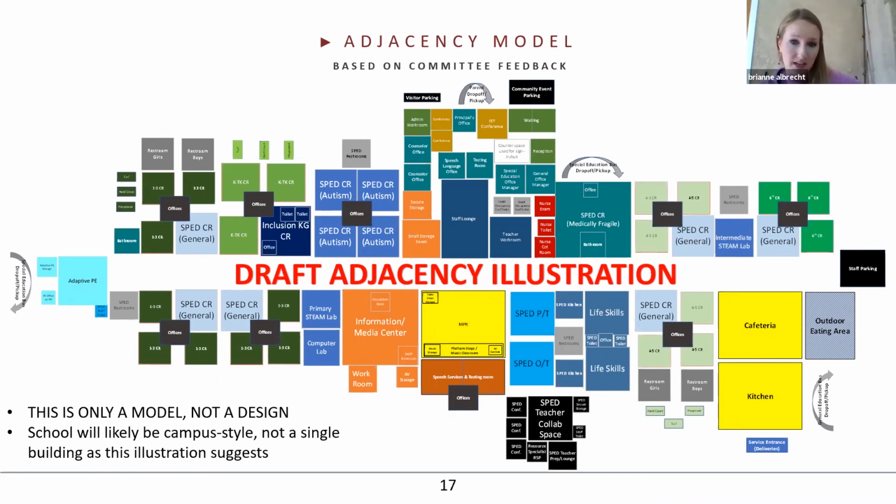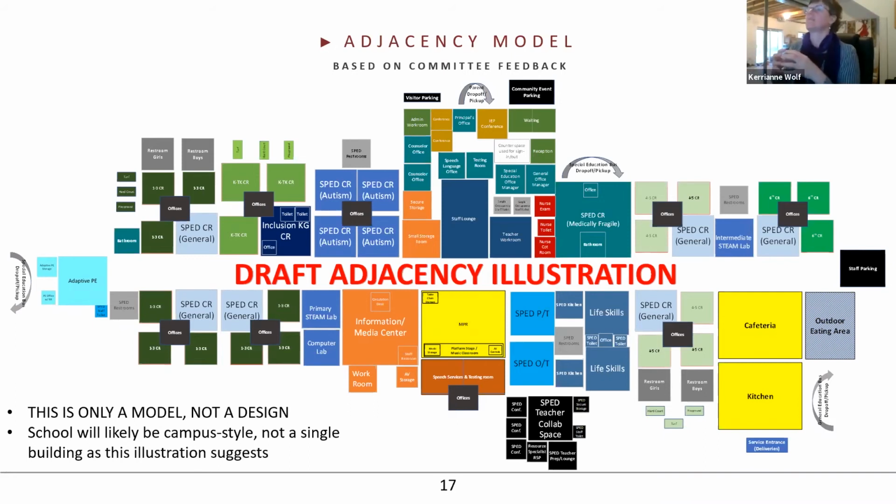So what I'm envisioning when I edit this illustration is, right now we almost have like 12 little clusters. We have four pods on this left side with classrooms and three on this right side.